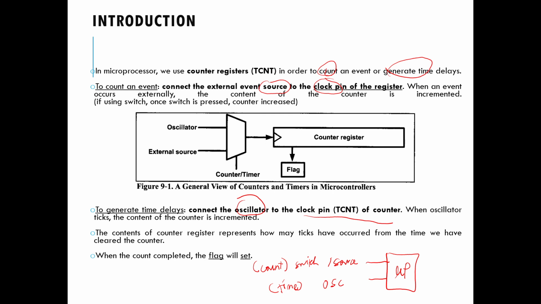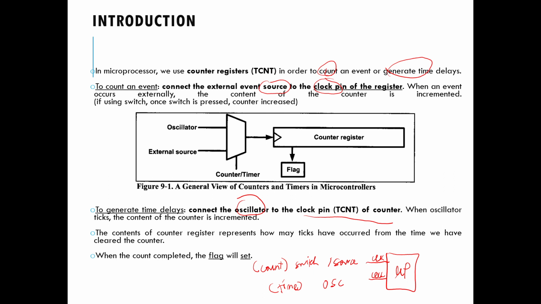You need to know what you want to do, either count or create the time delay, and then make sure the connection is correct. Make sure you connect it to the clock pin, either with the external source or with the oscillator, to make it either time delay or counter.